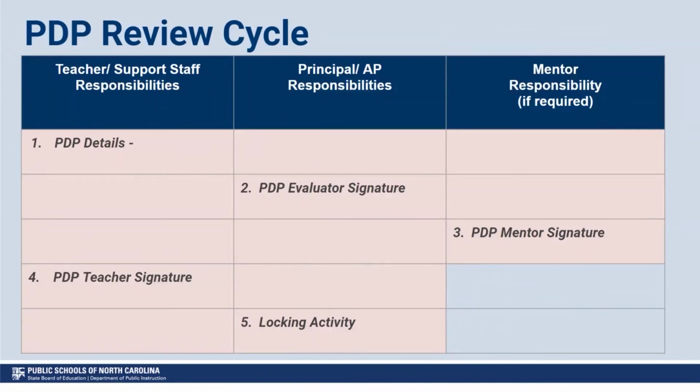If this is a teacher on a comprehensive plan, the mentor should also then review the PDP details and do their mentor signature process as well. And then it goes back to the teacher to acknowledge everything. They've met with the evaluator, the mentor, and everything's been discussed and looked at. And so the teacher can then sign. And then the evaluator or the observer can then complete the locking activity.